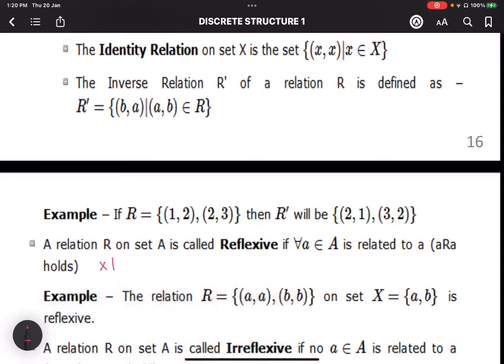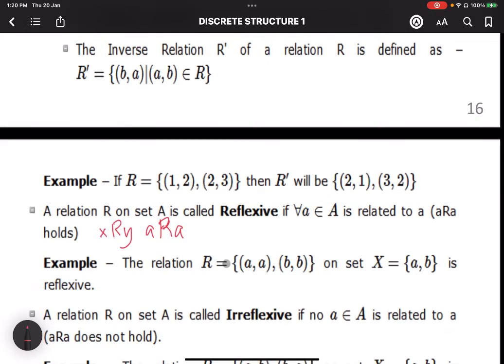Representation X R, binary relation yan. But in this case, the binary relation is reflexive, no? Ibig sabihin reflexive, pareho sila ng value or ng elements or laman, no? So the relation R on set X is equal to (A, B) and it is reflexive.